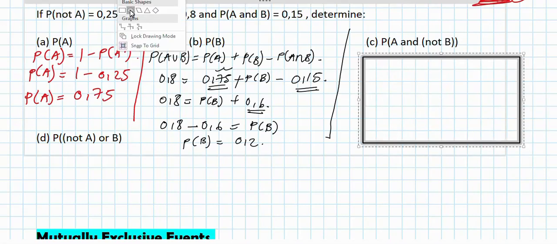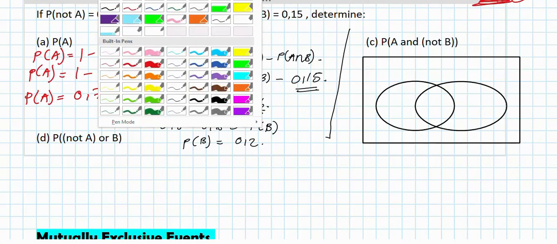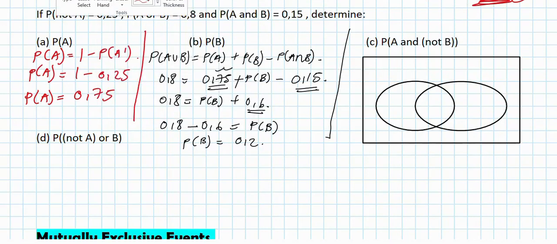I've worked out the probability of A right there, and I've worked out the probability of B right there, like that. So let me notate things. Here I have A, and here I have B, and here I have the intersection. All right. Let's start with the intersection. I found out that the probability of the intersection is 0.15, right?